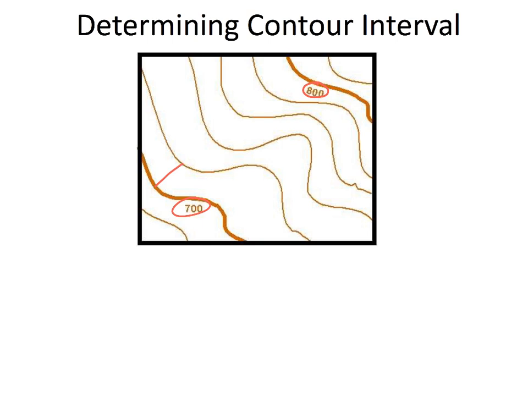Here's 1 contour interval, 2 contour interval, 3, 4, 5. So you take your elevation change between index lines of 100 feet, divide that by the number of intervals between, which is 5, and you get a contour interval of 20 feet.